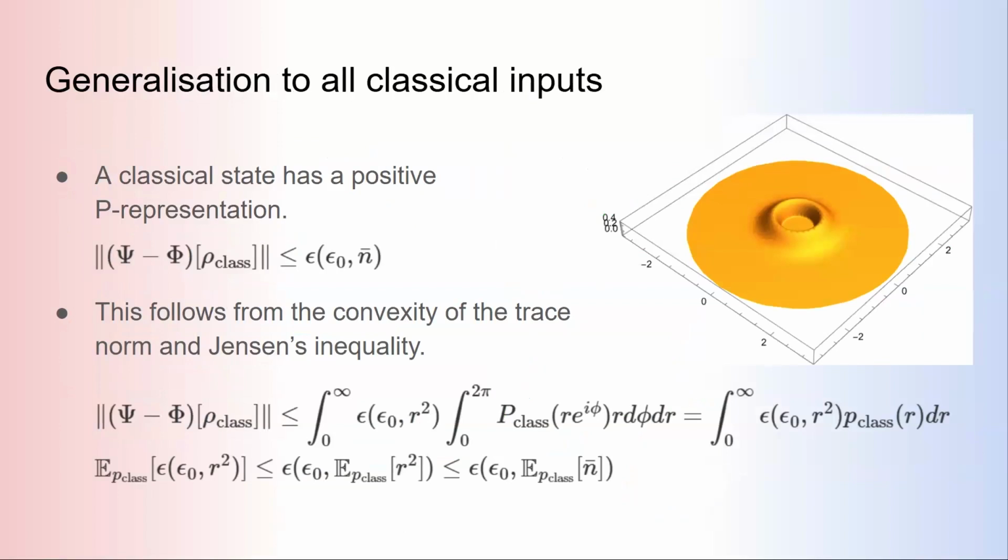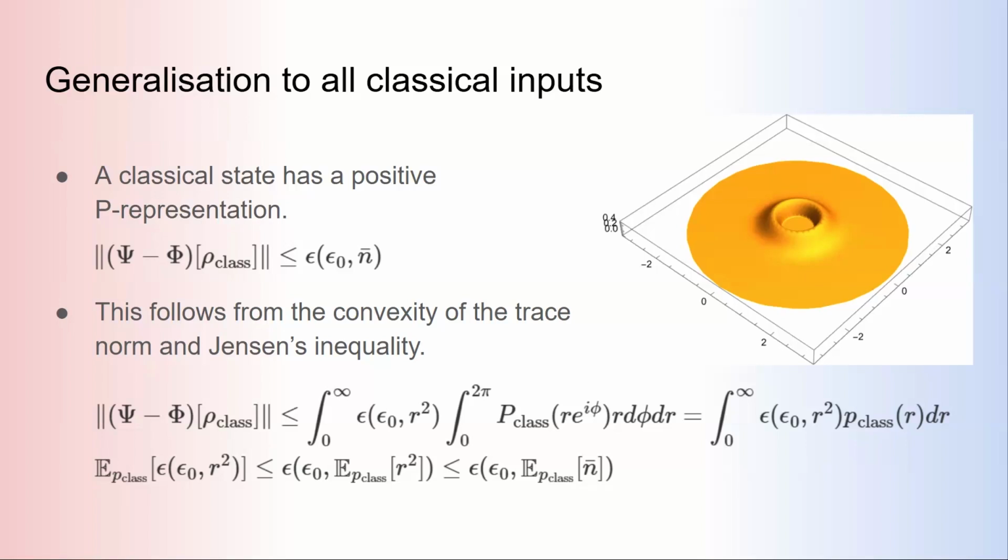Okay. So now this is a fairly simple thing. Suppose instead of a classical input, I should say that in CV, what we call classical inputs are things with a positive P representation. A P representation is a quasi-probability distribution over coherent states, and every state in CV can be represented as a quasi-probability distribution over coherent states.